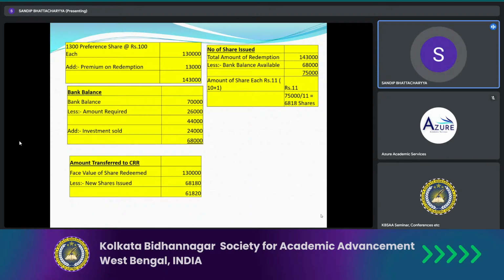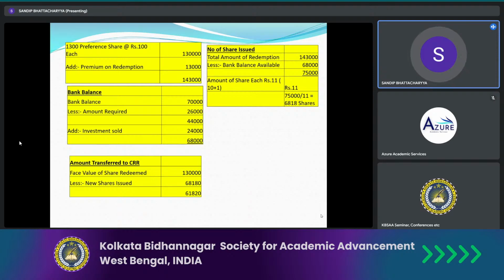Now your question may be, sir, if you are talking about a fresh issue, then it must be at a premium, that is rupees 11. Yes, you are absolutely correct. But this premium must be utilized for the premium on redemption. I am just concerned with the capital redemption reserve. Face value of share is 10, premium is rupees 1, so the proceeds from the issue are rupees 11 per share.